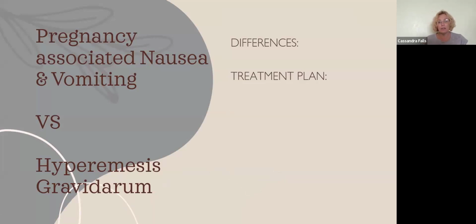Pregnancy associated nausea and vomiting starts around maybe 4 to 6 weeks of pregnancy, right after the hormone changes start to happen. We often say it's actually a good sign that you're feeling that nausea, because the hormone levels increasing is what causes the nausea to happen.